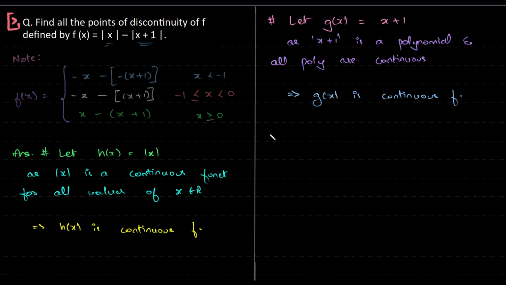Okay. Now, we have modulus of x plus 1, which is a composition of what? Think of it. Is it h of g of x or is it g of h of x? Look at what is the internal thing, x plus 1. When I put 1, that's the first thing that we do.